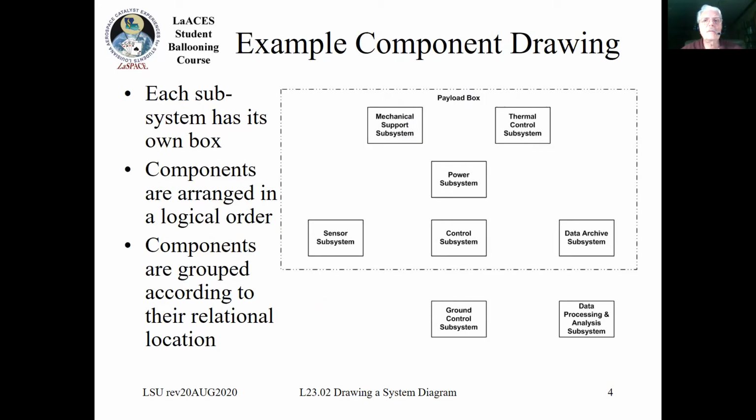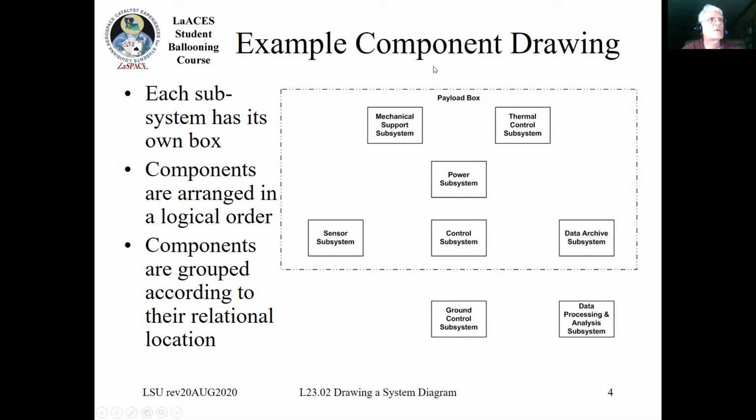So first of all, here I've got a simple high-level system diagram of a payload. The first thing is that I identify all of my major components, and I lay them out in a logical, straightforward fashion. And then I've clustered them into two parts.